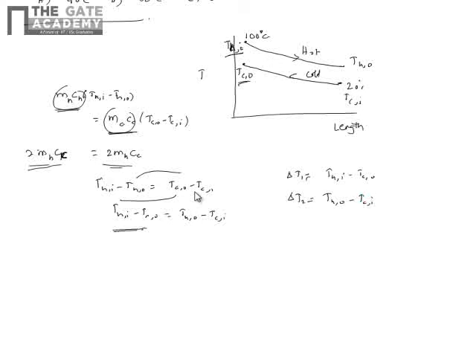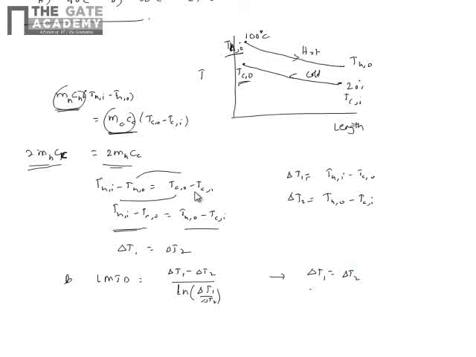So delta T1 is equal to delta T2. When you write the LMTD, the basic formula is delta T1, the temperature difference on one side, minus the temperature difference on the other side, divided by ln of delta T1 by delta T2. When delta T1 is equal to delta T2, which is a very rare case, and that's what happened in this problem.